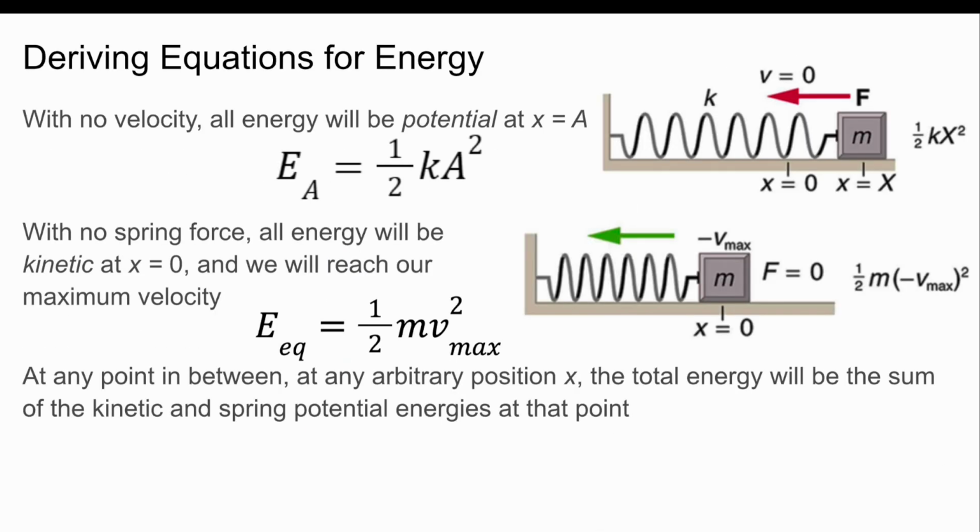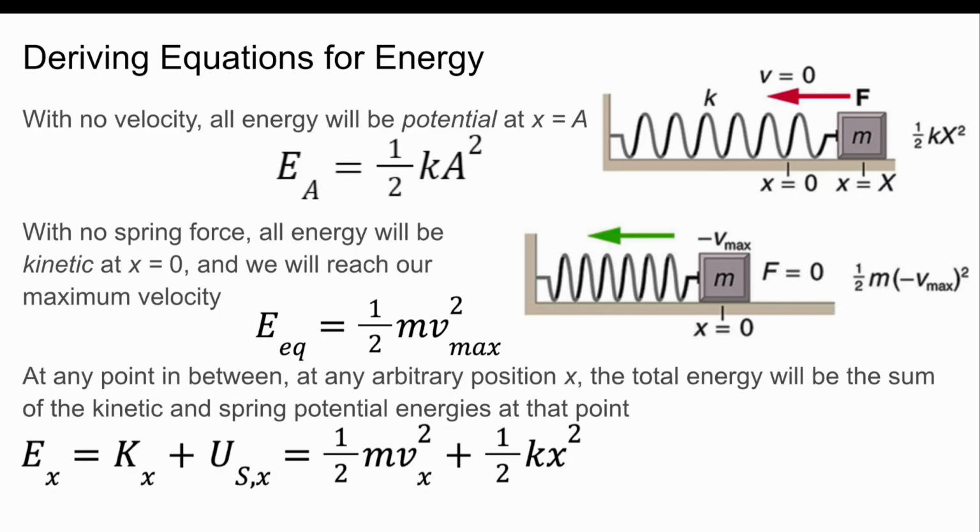And finally, we can generalize this for any arbitrary position x, because our total energy, being the sum of the kinetic and spring potential energies, will always be equal to the total energy at any other point. So our energy at position x should equal our kinetic energy at position x plus our spring potential energy at position x.